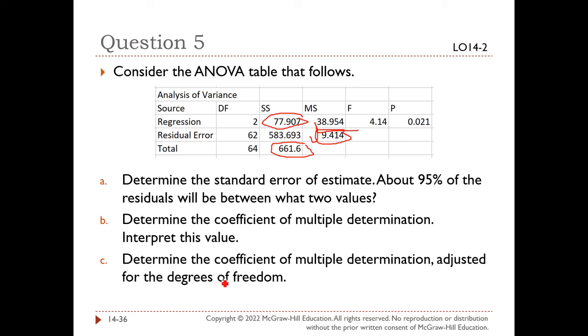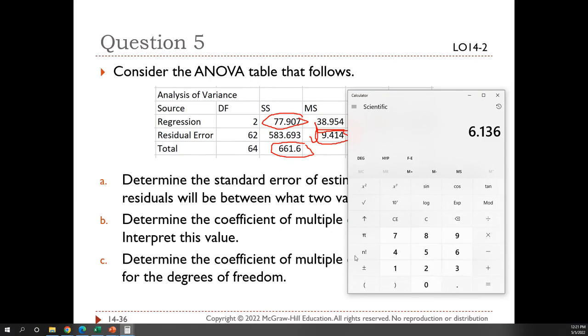So to find R squared, we're going to take 77.907 and divide by 661.6, and R squared is about 11.8%. Again, long decimal, we just cut it off and round.